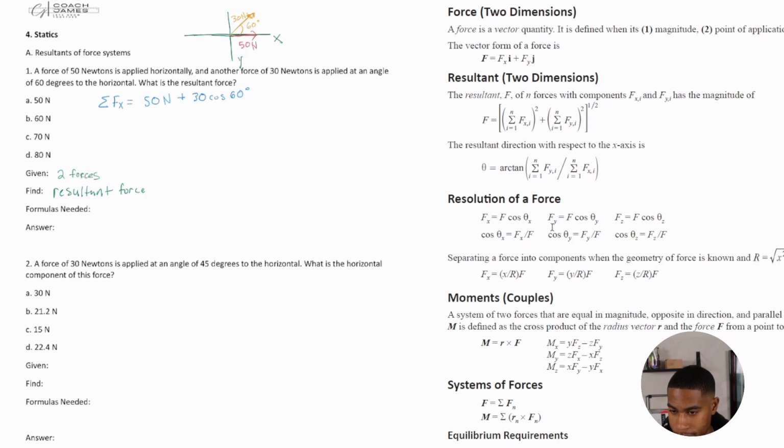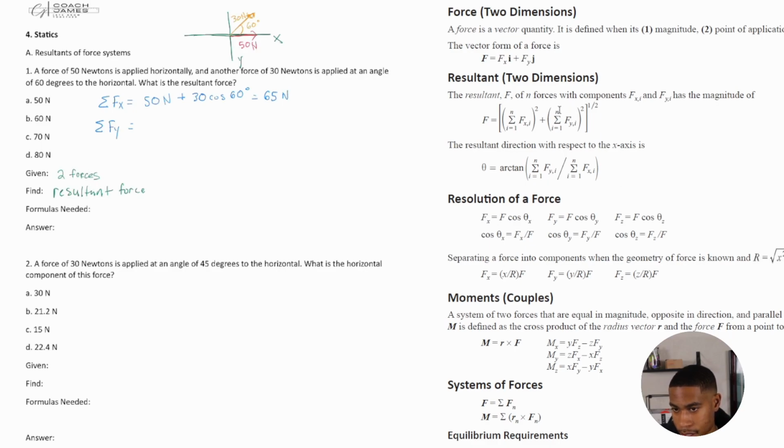If you want F of y, it's the cosine of the angle to the y-axis. So this is to the x-axis, so it's 60 degrees. So when we do the math on that, what does that equal? Well, that equals 65 newtons.